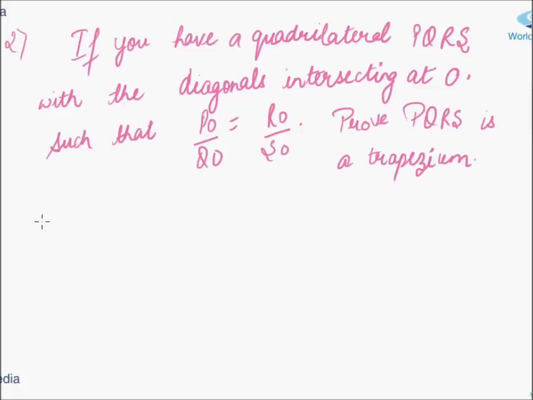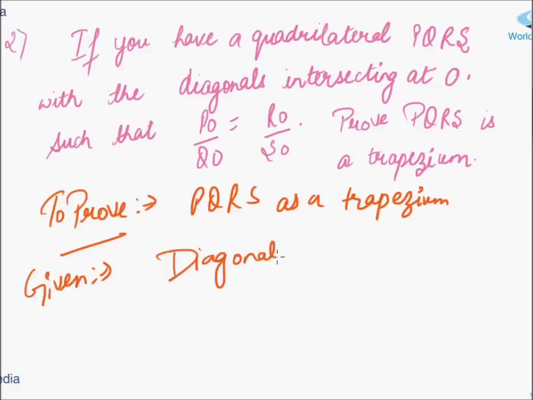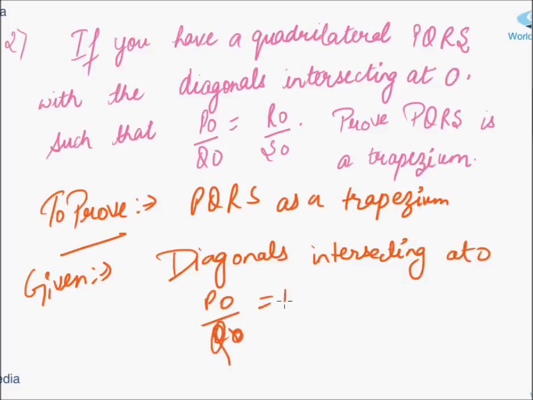Friends, we need to prove PQRS as a trapezium, and we are given diagonals intersecting at O and PO over QO equals RO over SO.